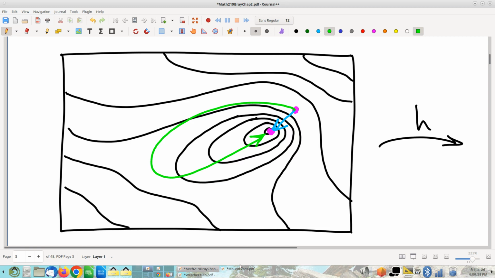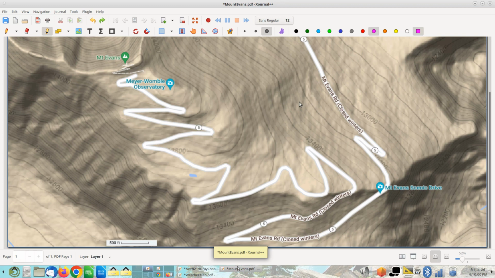Okay, real quick last thing, I'm just going to point to an actual topographical map. If you've ever wondered why roads on mountains do this zigzag thing, they're doing that because most cars can't go straight up the side of the mountain, right? And so, for example, if you were to literally do like that, well, then you're going to gain however many feet of altitude that is over that relatively short distance.